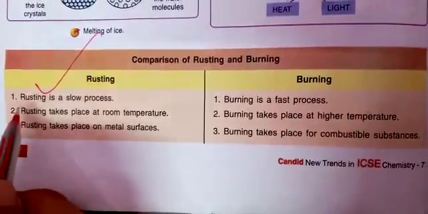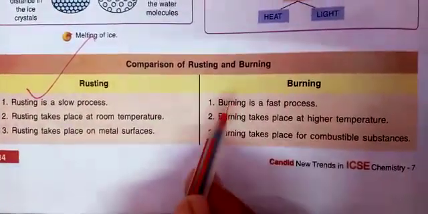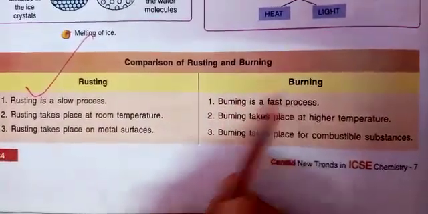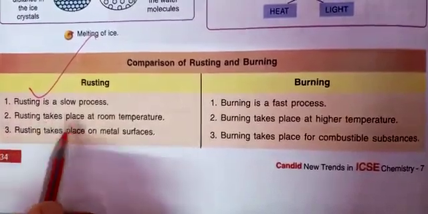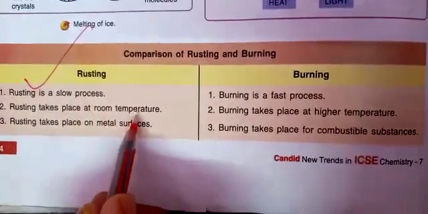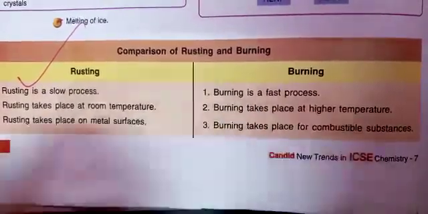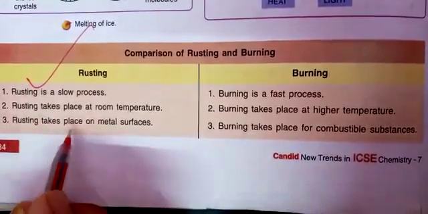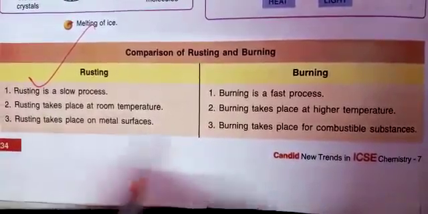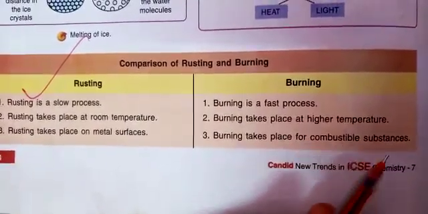Number 1, rusting is a slow process and burning is a fast process. Number 2, rusting takes place at room temperature, whereas burning takes place at higher temperature. Now third, rusting takes place on metal surfaces, whereas burning takes place for combustible substances.